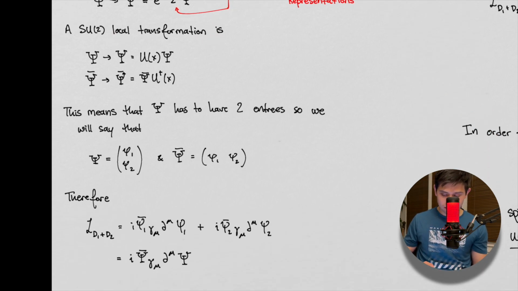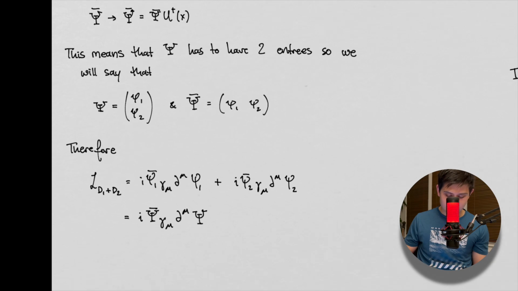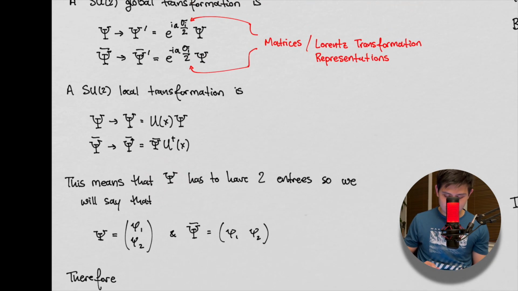Let's proceed into talking about these objects now, because when this was just a U1 transformation, it was a one-entry object, just a complex number. But now since this is a 2x2 matrix, we need to make these a little bit different. They need to work with this being a matrix.